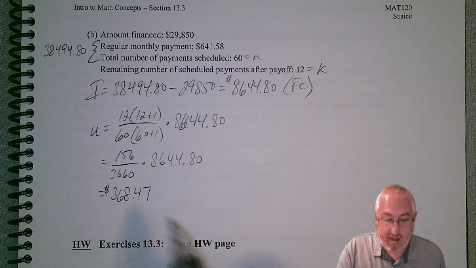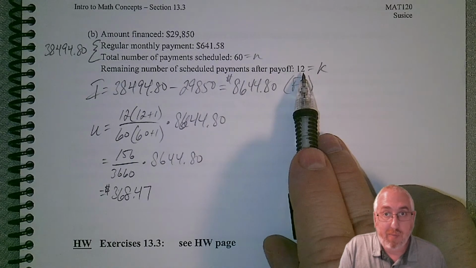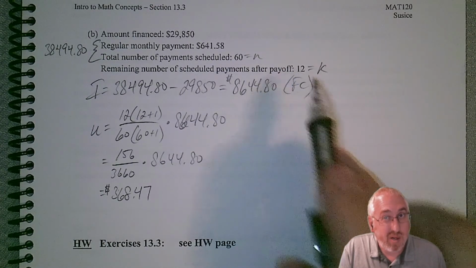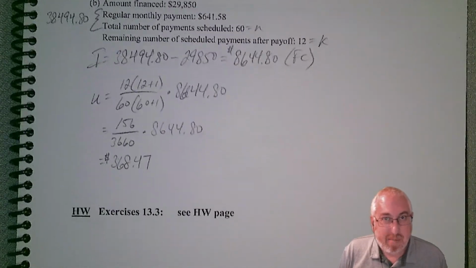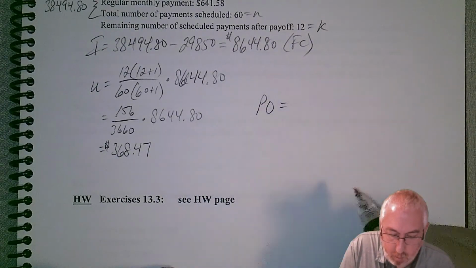So not anything to sneeze at. That's almost half of a monthly payment. But you got to pay that loan off with 12 payments remaining. So what's your payoff amount? Might be a little high, but let's see. I'm going to abbreviate PO.